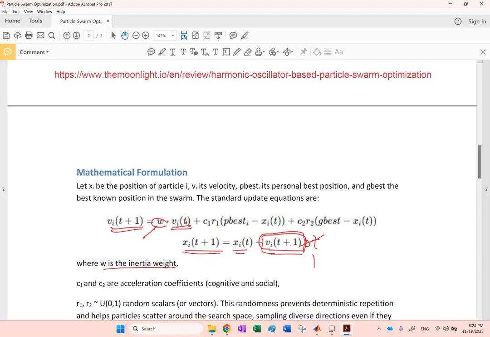So if this particle was going in this direction in the previous iteration, and it's here right now, it is going to get a small fraction of that previous motion to keep its momentum. So this is the inertia or the momentum. That is one component of it.